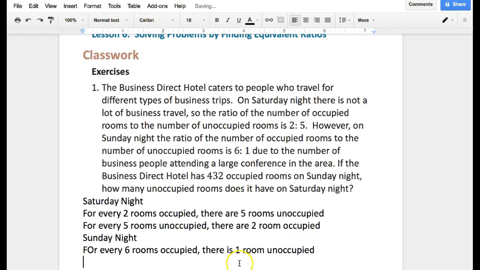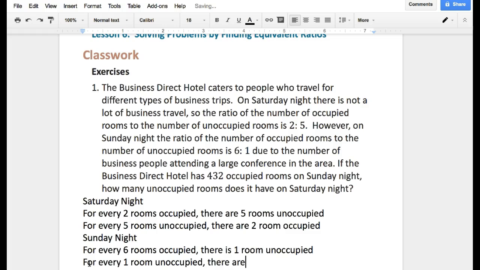The opposite of that is, I know you're probably staring at this, for every 1 room unoccupied, there are 6 rooms occupied. And that's basically how we can take things and turn them around.